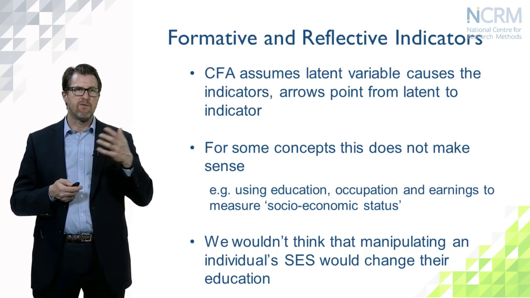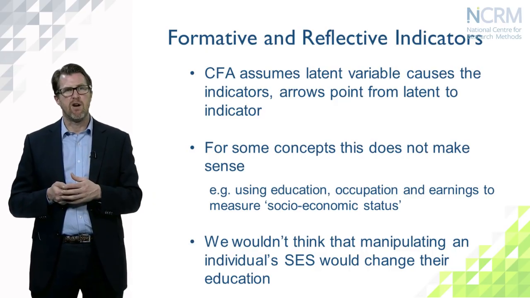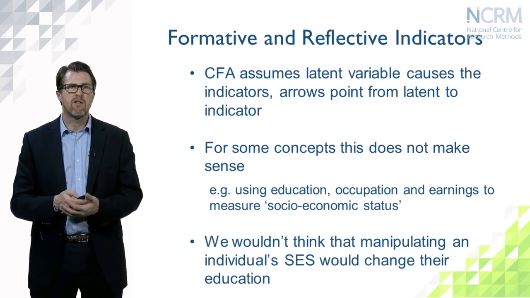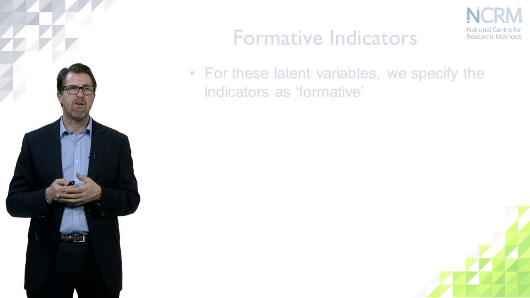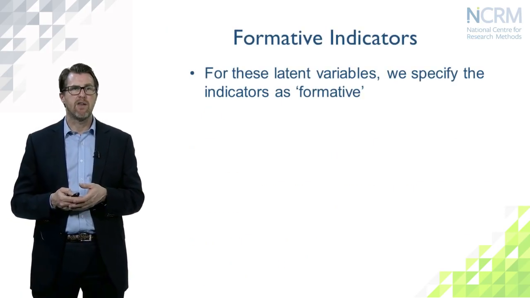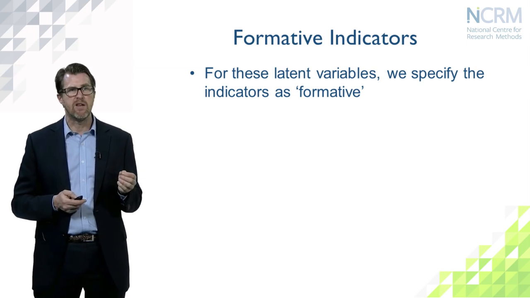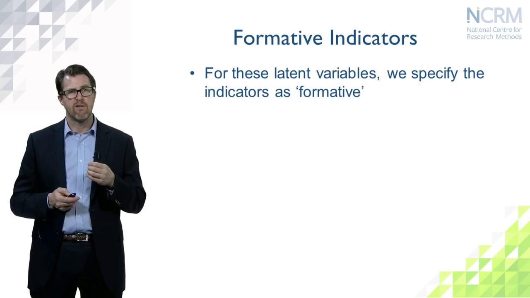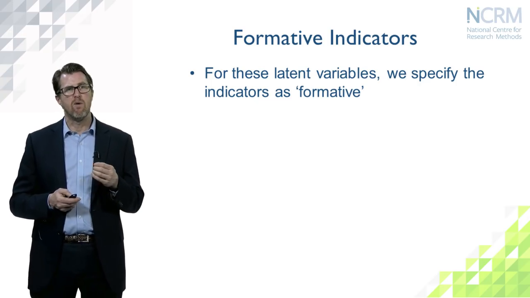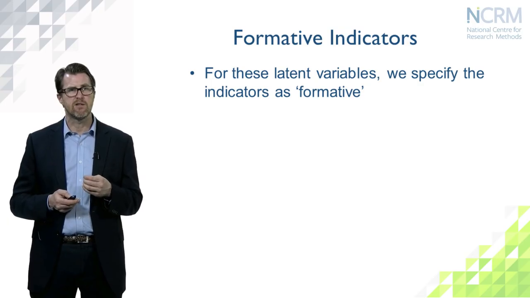Now, for some concepts that makes sense, for others it doesn't. And in the case where it doesn't make sense, we would essentially turn the arrows round and make the arrows point from the indicators to the latent variable. And in this context, we've now got what we call formative indicators rather than reflective indicators.